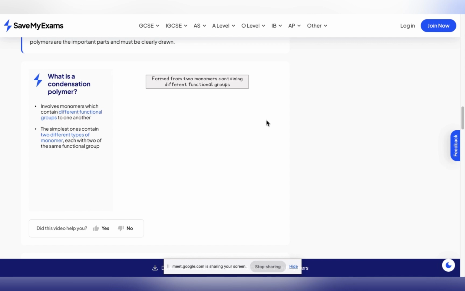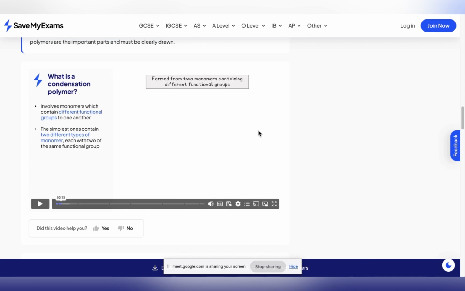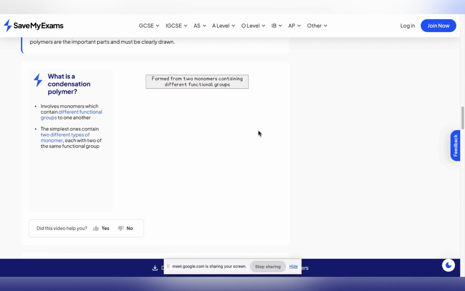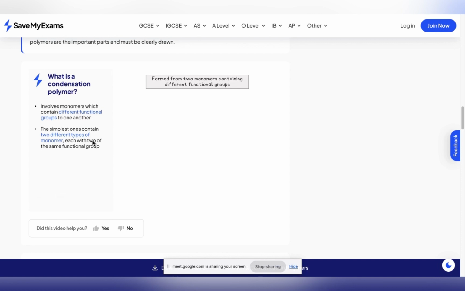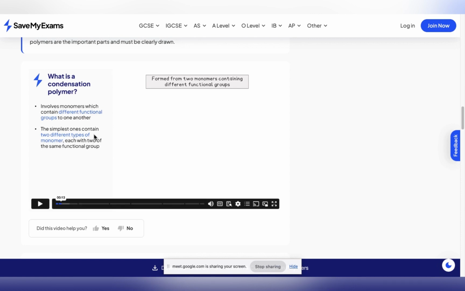In this regard, we can use a block to represent the other parts of the molecules, but we use the functional groups when we are deriving the polymer.